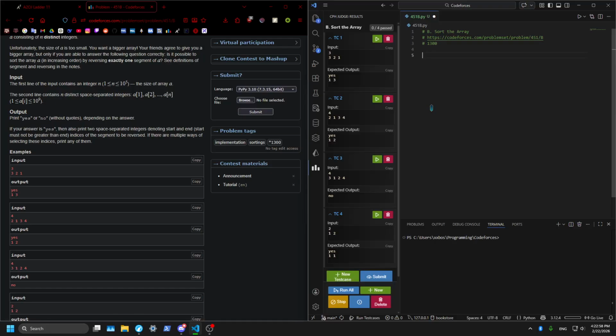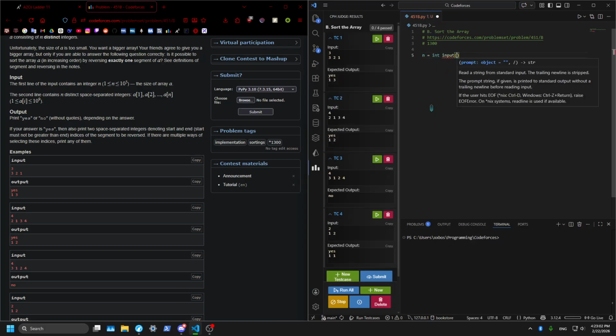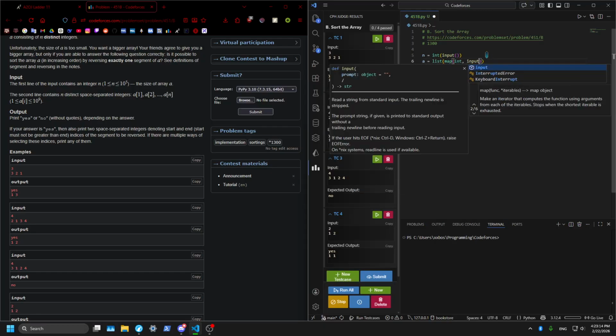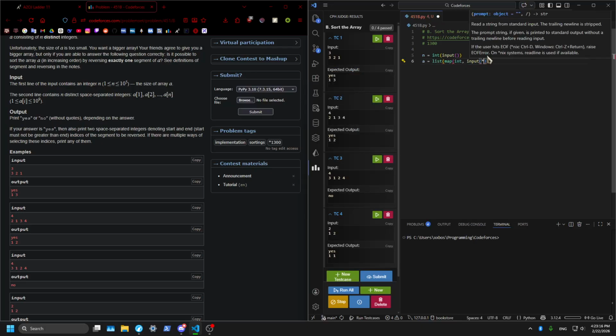That's pretty straightforward. So n equals int input, and then a equals list map int input dot split.